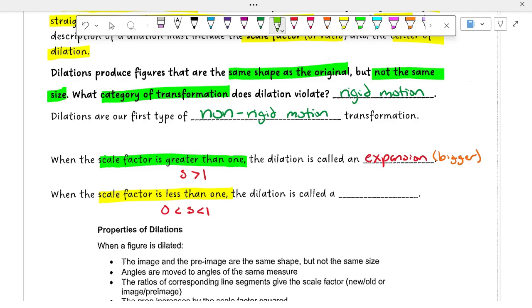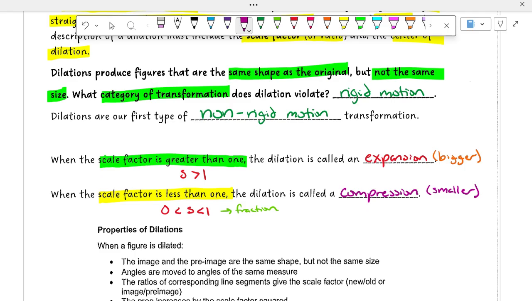So the scale factor is between 0 and 1, so that means it's a fraction. It's what we call a compression, which is just a fancy word for it gets smaller. Yes?